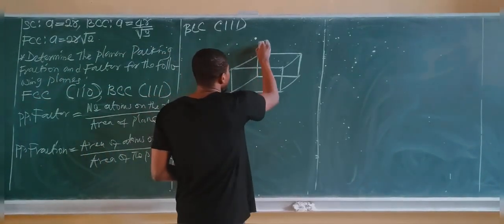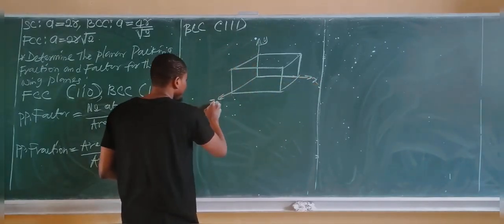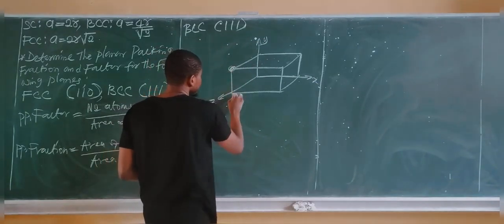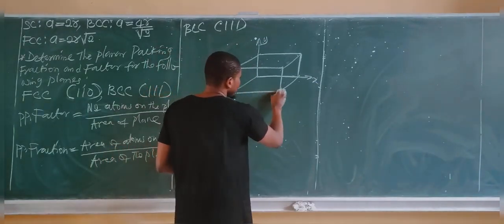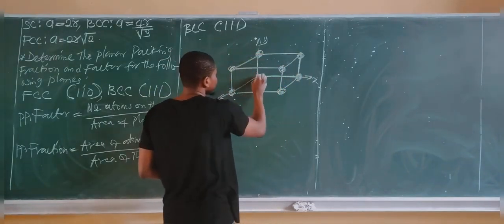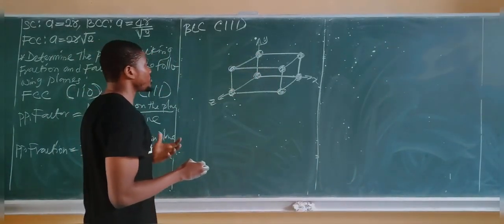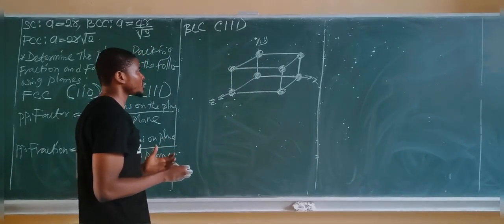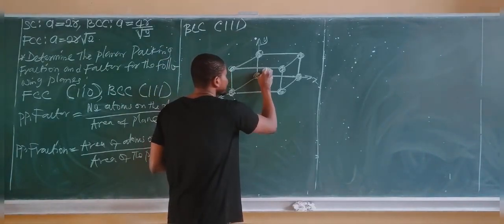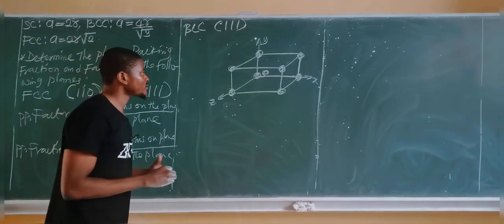All right, so let me call here my y as always, call here my x, and call here my z. Now on each corner, of course, there are atoms. So we are starting first with the simple cubic structure. On each corner we have atoms. What makes this a body-centered cubic structure is that at the middle there is going to be an atom at the center, or the body, of the cube.